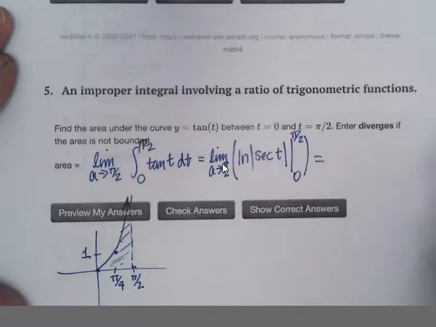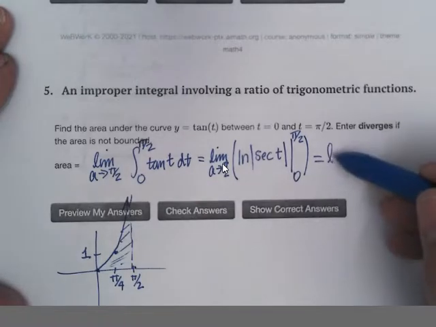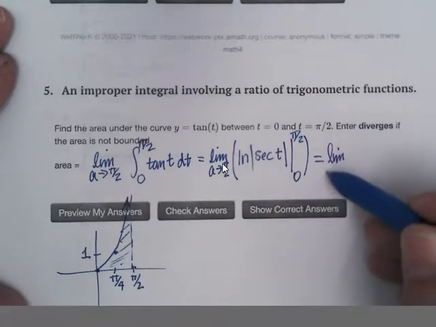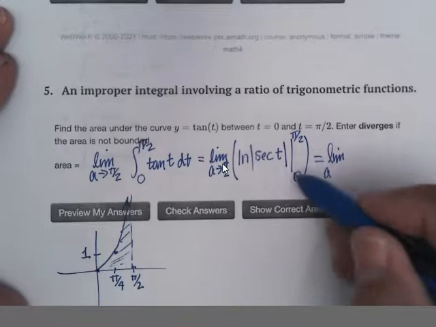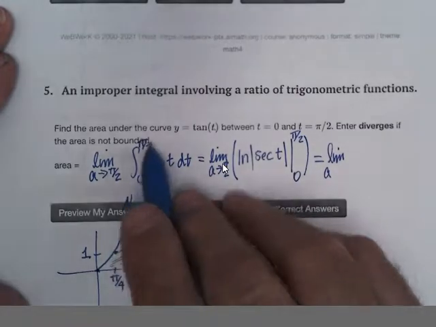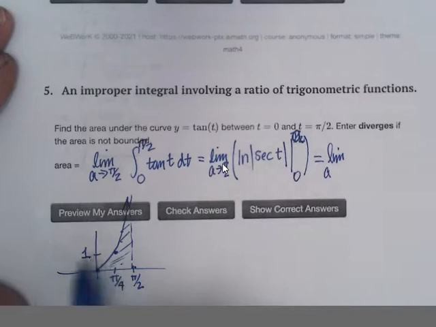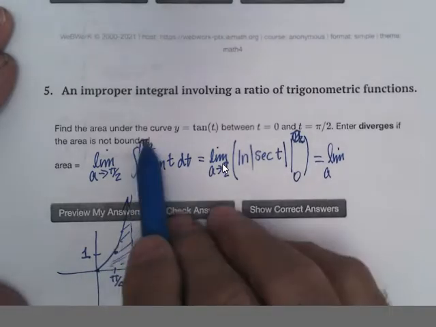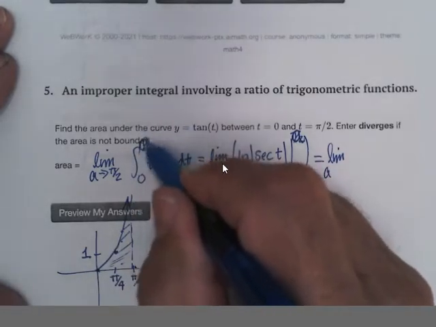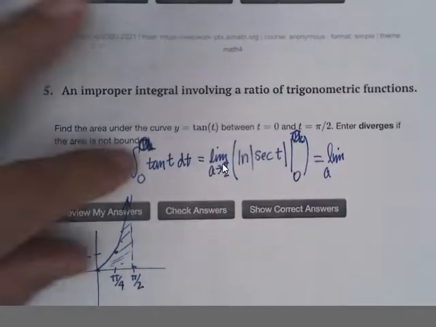So we're going to get the limit. We're not doing this part yet. Oh, excuse me, this was a. We had to put a in here for that. So this should have been a. Bad, bad, bad, bad. That's got to be a because that's the problem.